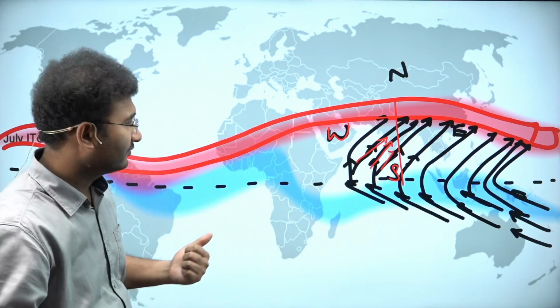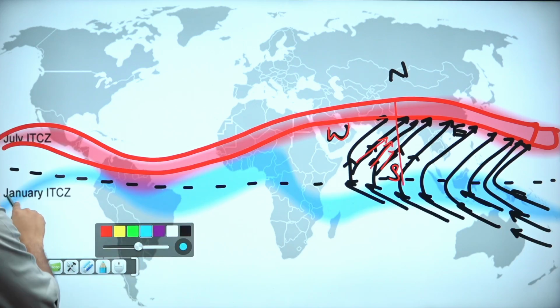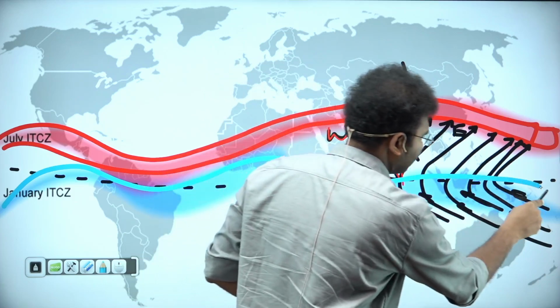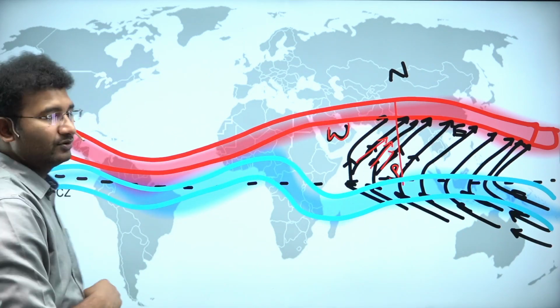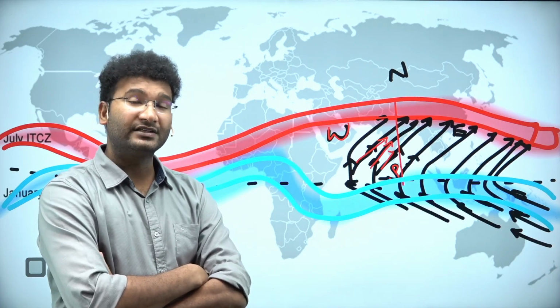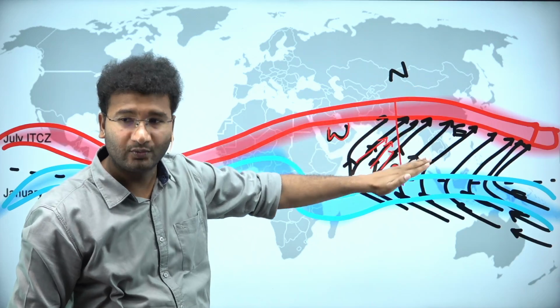Now come to the ITCZ zone during the times of winters. Look here, this is the ITCZ zone during the time of winters, right? This is your ITCZ zone during the times of winters. Now let's try to understand how the wind system works. That means the entire system has shifted downward.